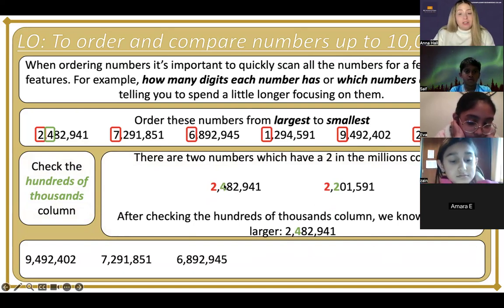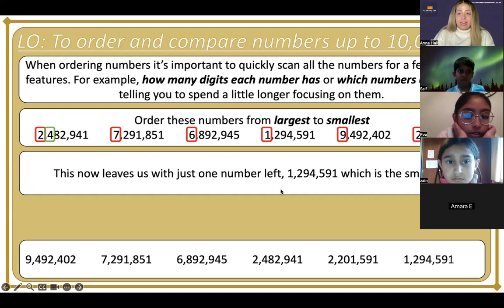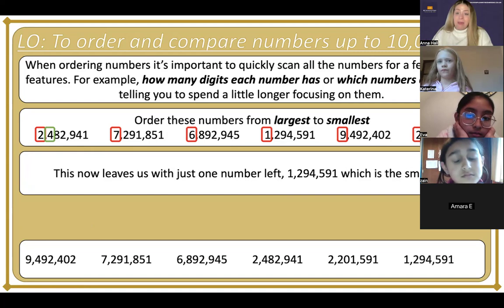We can see one has 4 and one has 2. And after checking that, we know that 4 is bigger than 2. So the larger of the two numbers is this first one here. So that's going to go next, followed by the next one. And then that leaves us with just one number at the end, which is 1,294,591, which is the smallest number.